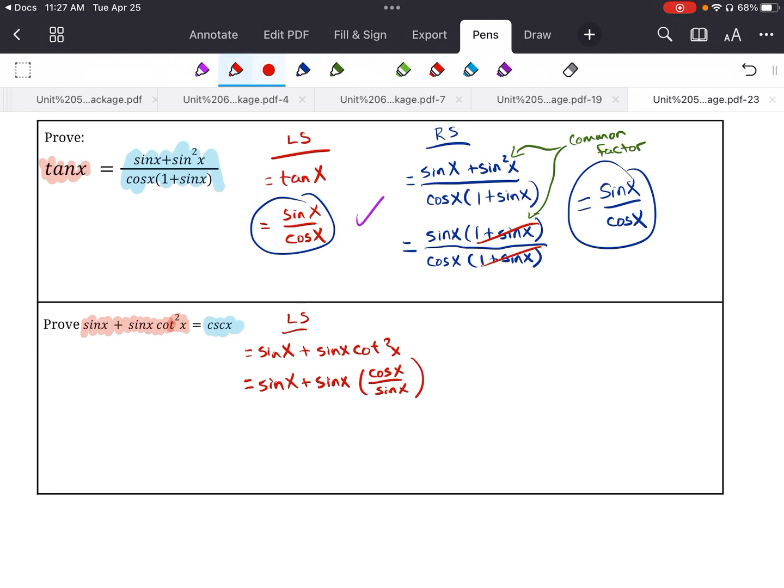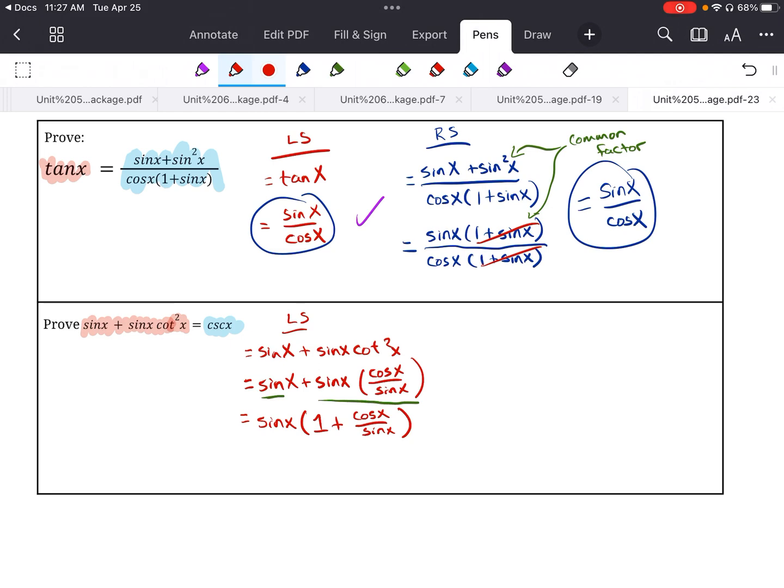Okay, now we have a common factor. So we have two terms here. There's one here and this whole big one. We can take sine x out of both of it. So we get sine x, and we're left with 1 plus cos x over sine x.